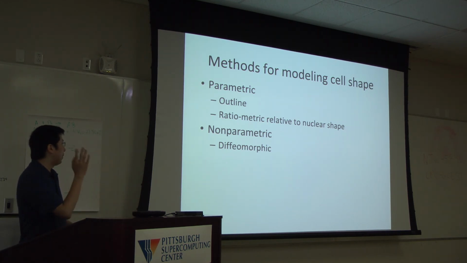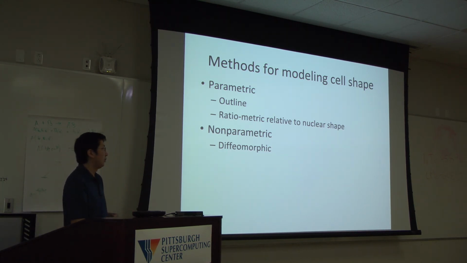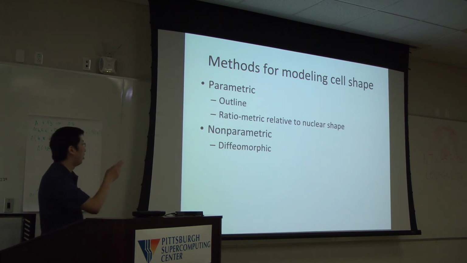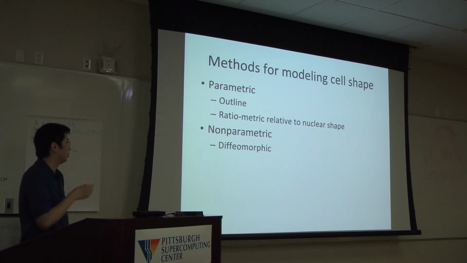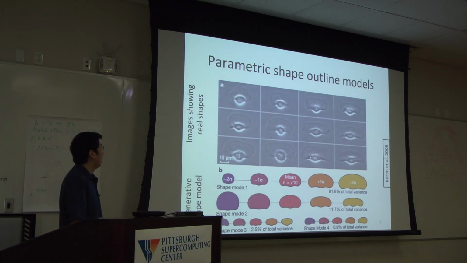And a non-parametric model will not assume a specific number of parameters, so it has the advantage that it can model more general cases. The diffeomorphic model is such a model. Now let's go over some parametric models to show why we would like a non-parametric model.